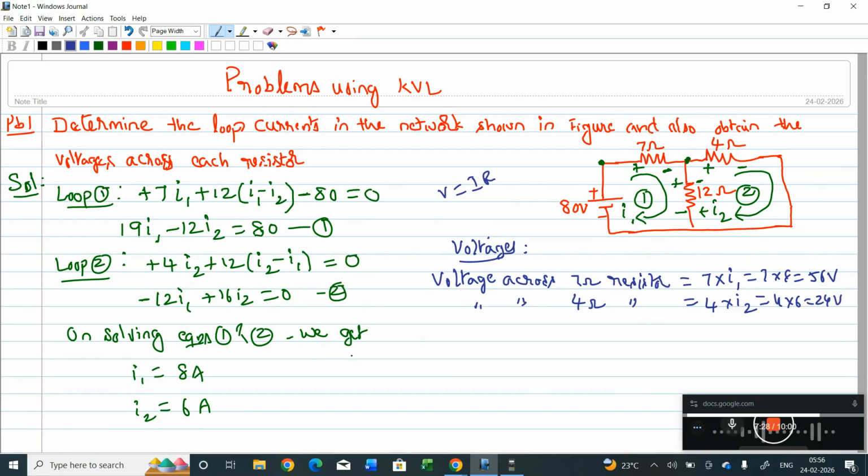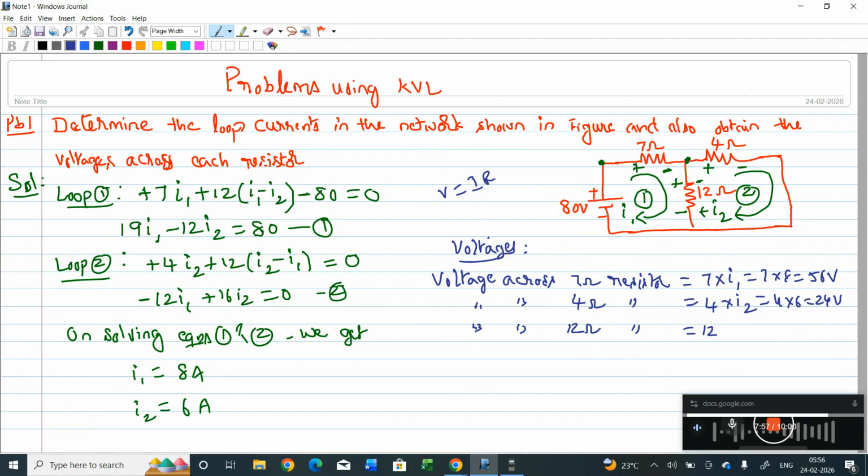Now the voltage across the 12 ohm resistor is equal to 12 into... this 12 ohms is common to both loop 1 and loop 2. Therefore, both I1 and I2 currents are flowing through this 12 ohms. Now, if you take the I1 current as reference, it will create a voltage drop with positive on the top side and minus on the bottom side.